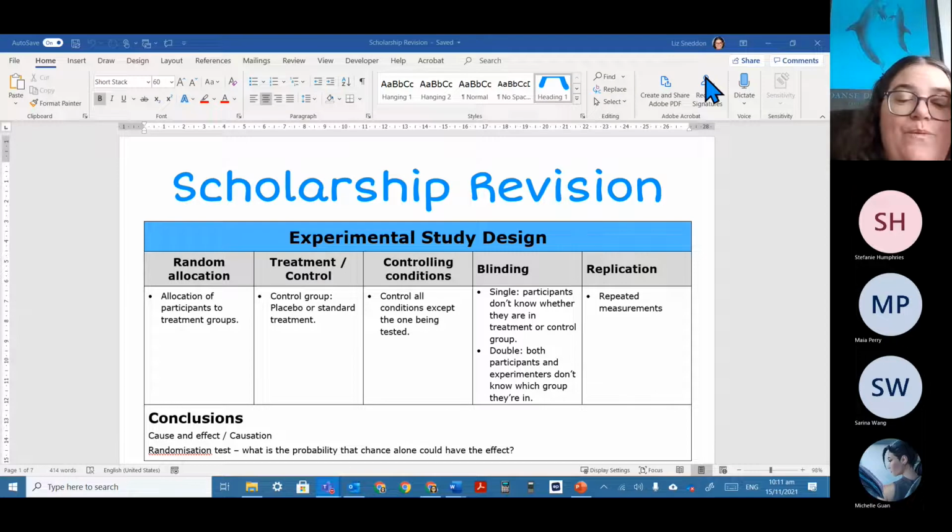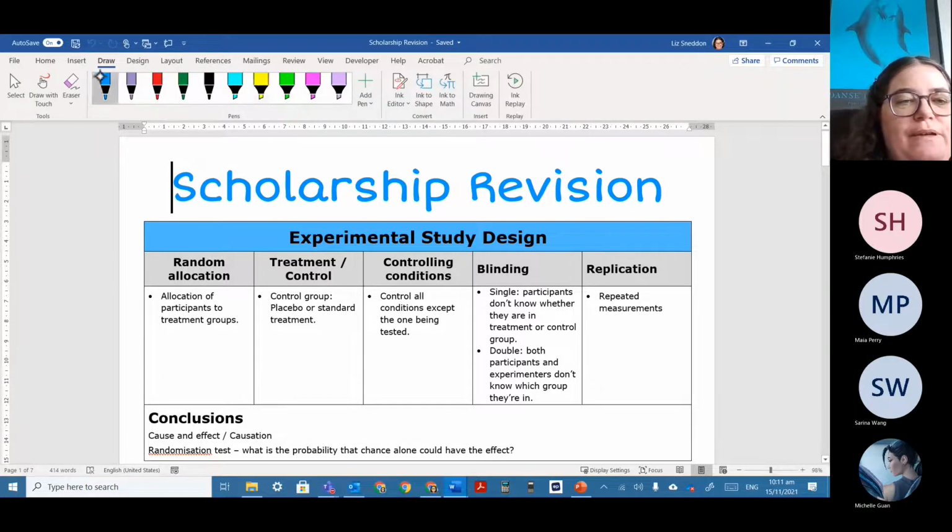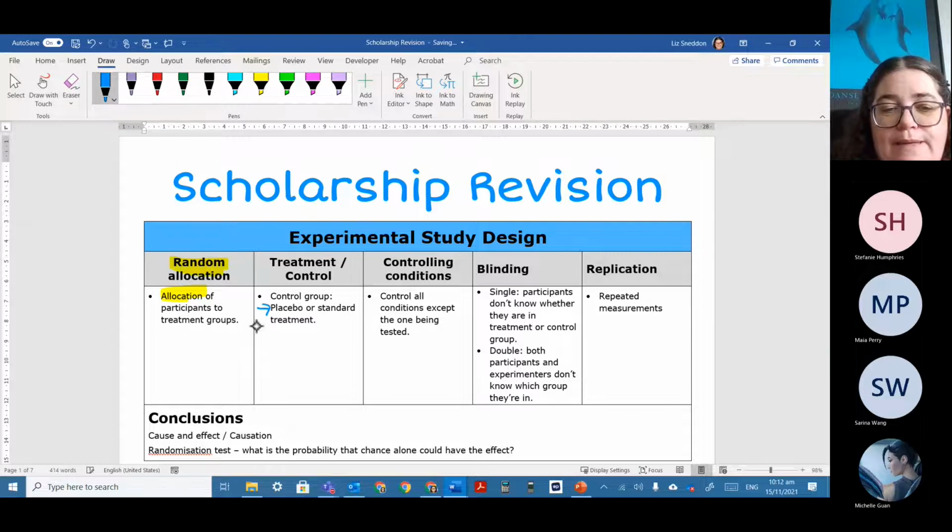So start with experiments. The key thing when we look for experiments is that allocation. In fact, the key word is that it needs to be a random allocation. So when I look through any paragraph that they give us with info, that's what I'm looking for, that they've told me it's been randomly allocated. Now, when we have our control group and our treatment group, we're looking for a placebo.